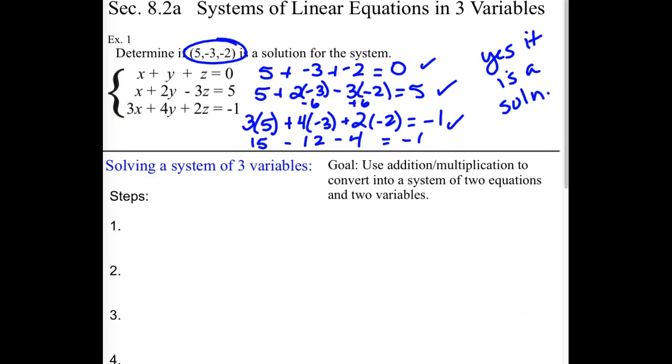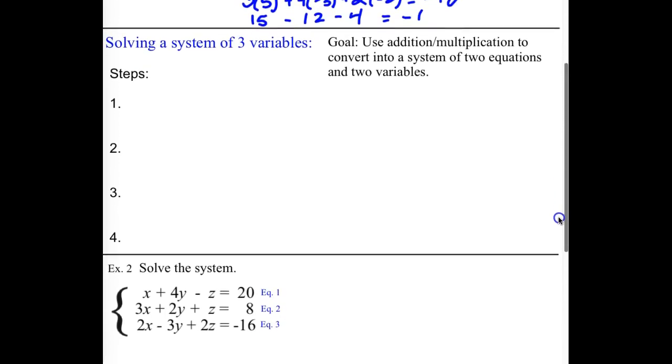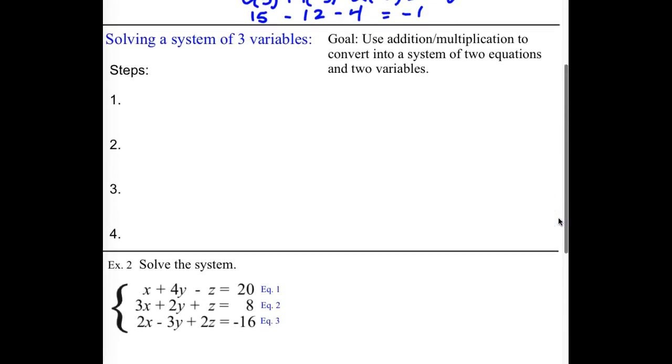All right, so to solve a system of 3 variables, our goal is going to be to get this down to a 2-variable, 2-equation system, because you guys know how to solve those. Okay, so our first step, we're going to take 2 equations at a time, and we're going to get rid of one of our variables.